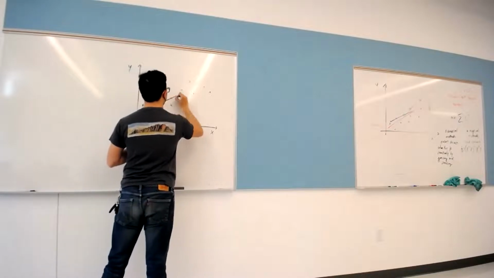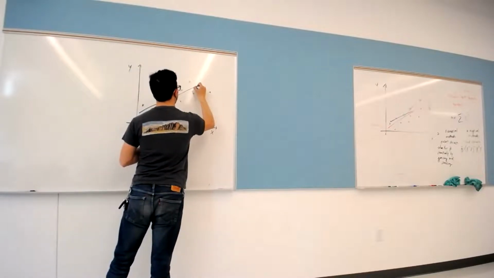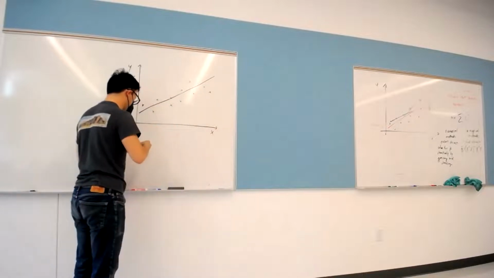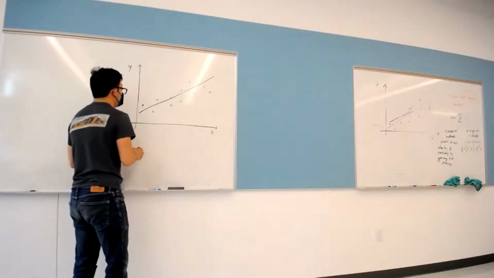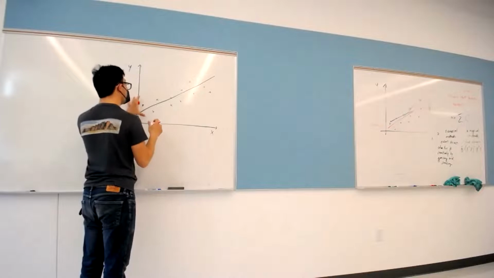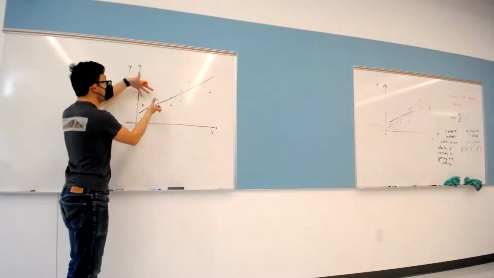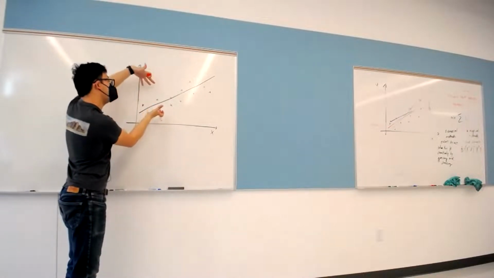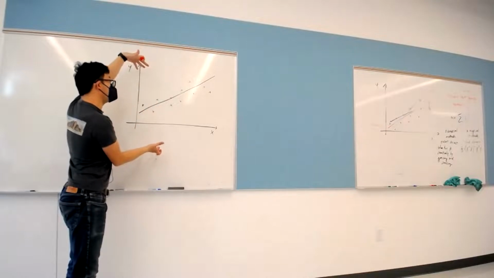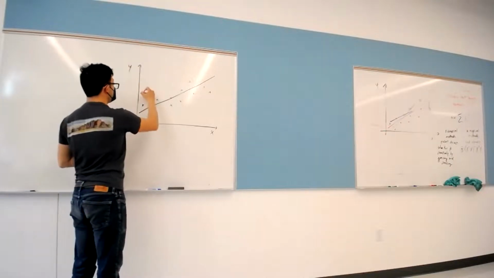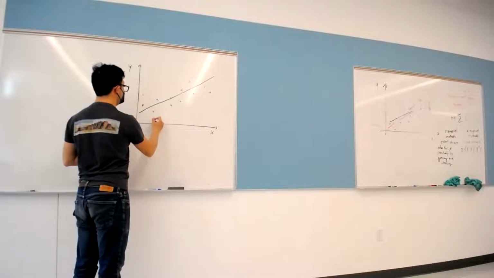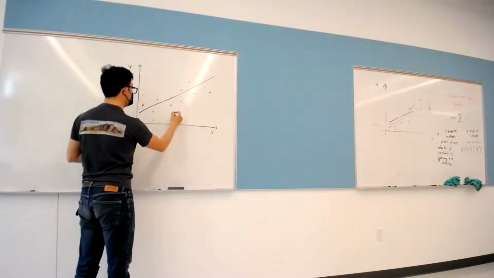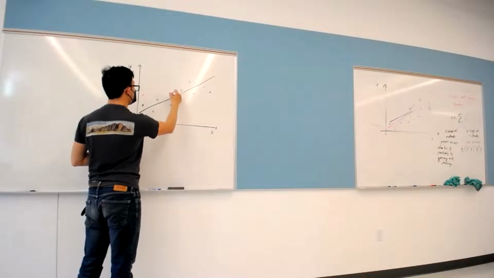All right, so this might be my best fit line for these guys. Let's take the same set of points and spread them out to be farther apart. So it might look something like this. This might be here, this might be here.